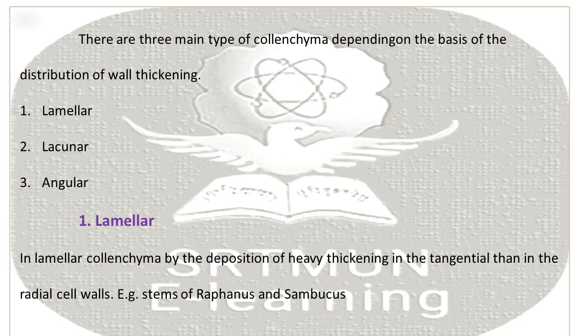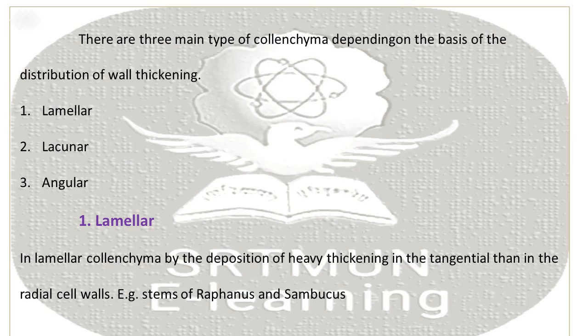Now, there are three main types of Collenchyma, depending on the basis of the distribution of wall thickening: lamellar, lacunar and angular. Firstly, lamellar.